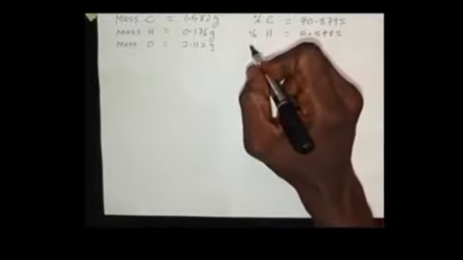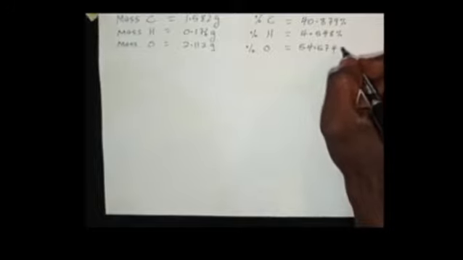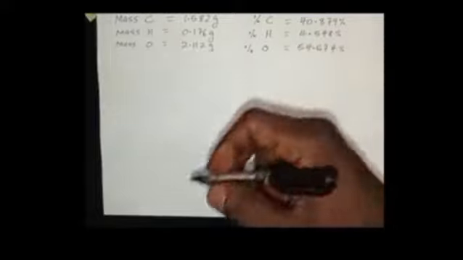Then the percentage of oxygen is 54.574%. So these are the percentage compositions of these elements.